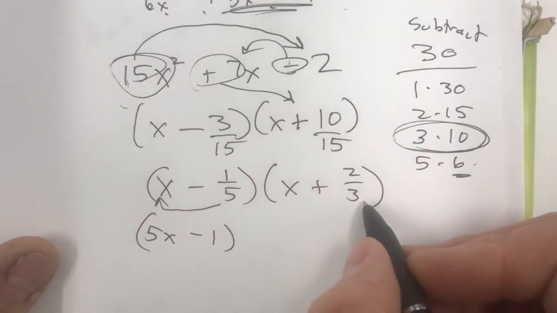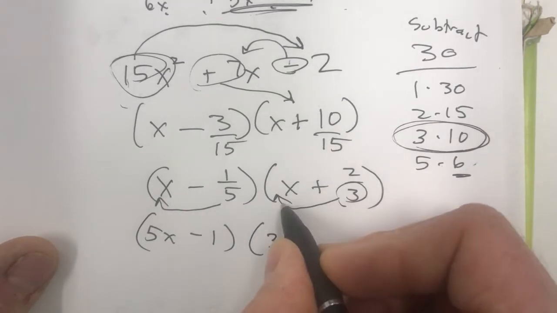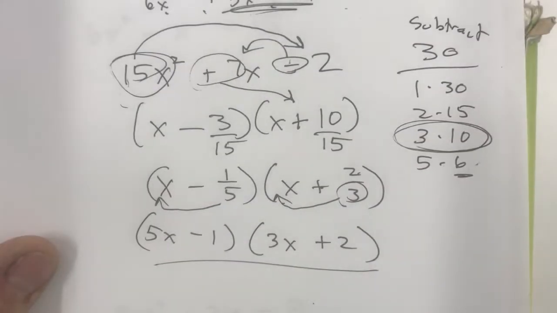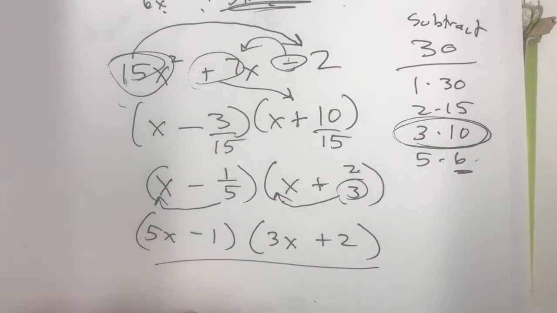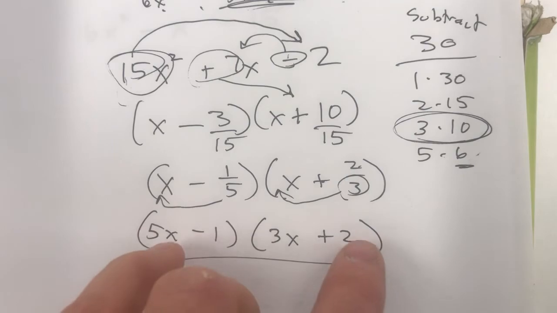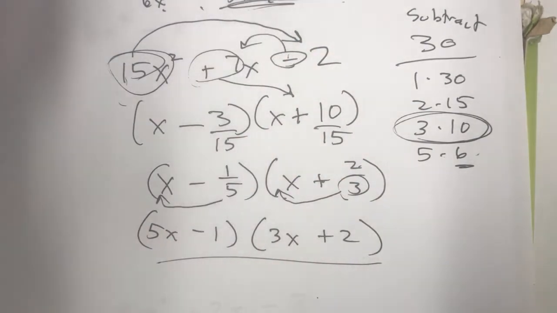And there's that factor. And this 3, same thing, will slide over in front of that x. So it's going to be 3x plus the top number 2. And there's my factors right there. And I can do the FOIL method, and I should get this. I'll do it real quick in my head. 15x squared, negative 3, plus 10 is 7. Negative 2, yes, it does work.